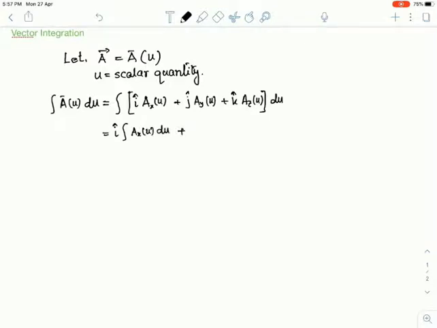That is, all components are functions of u, and this is called the indefinite integral of a vector function A. The integration constant must be of the same nature as the integral.